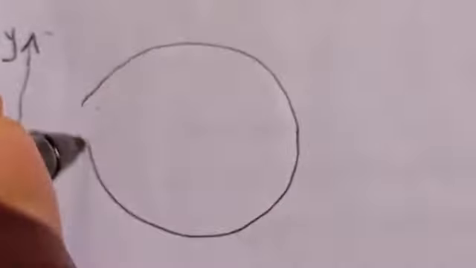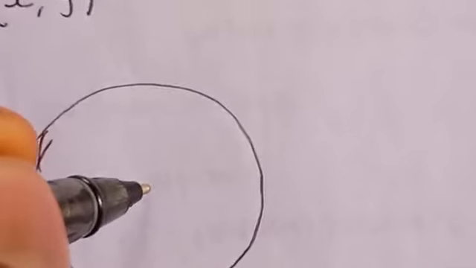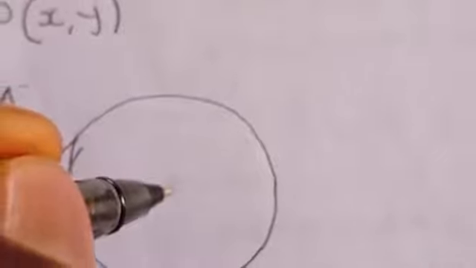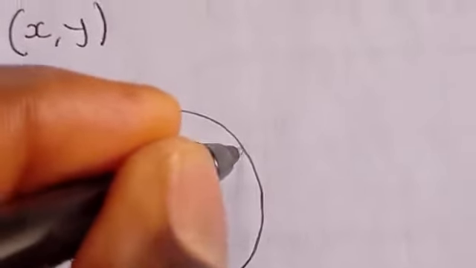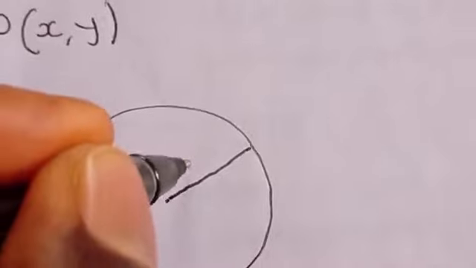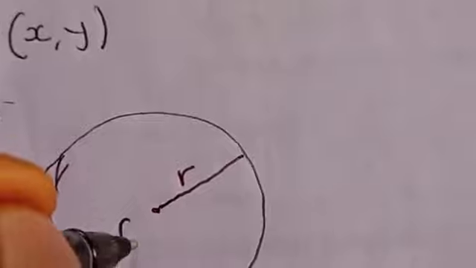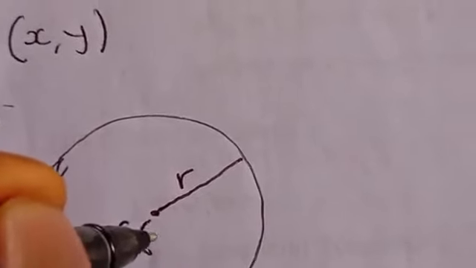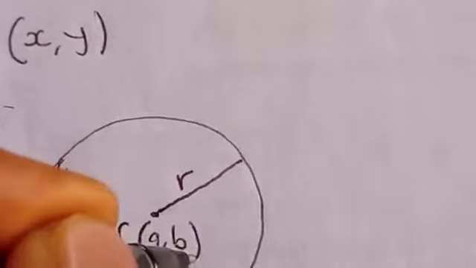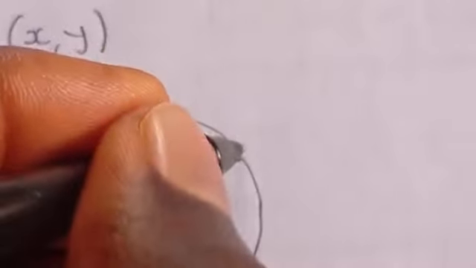If we have our circle drawn on this plane, what we are saying is, from the center of the circle to this point, we have our radius. The coordinate of this center is A, B, while this point on the circumference, P, has the coordinate x, y.